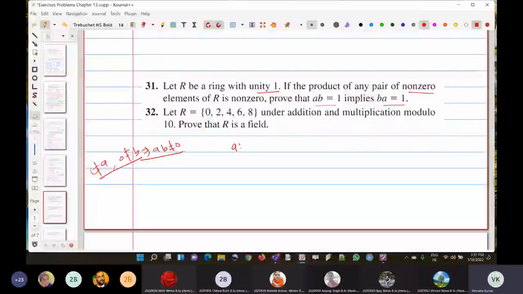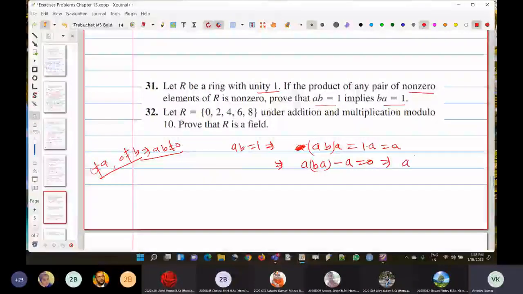All right, so AB equals 1. This implies that we can write A here, and on the right A like this, so 1 times A, which is A. Next, we can write ABA minus A equals 0. Then we can take A common, so A(BA minus 1) equals 0.